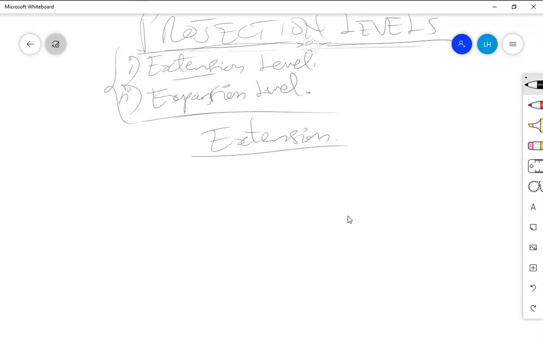So by using a projection tool, you can anticipate those major areas where the market is expected to land, or where it may turn. Extension and expansion also have a role of anticipating the future move.